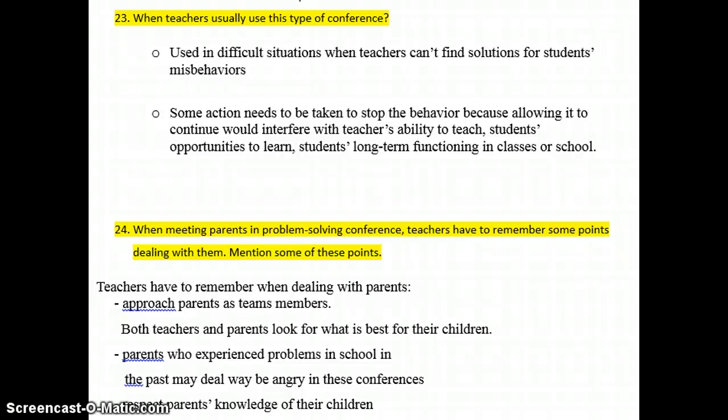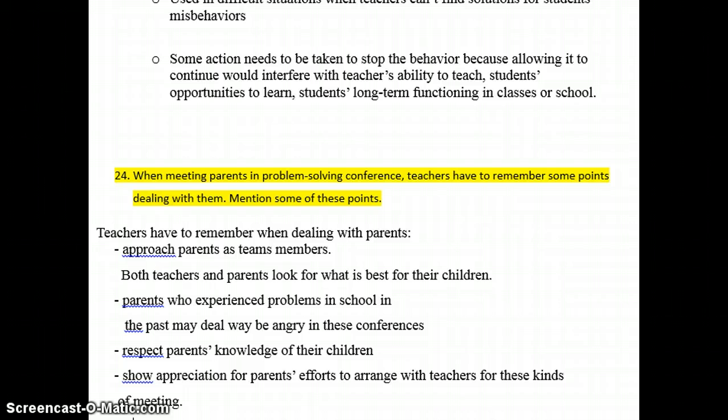Used in difficult situations when teachers can't find solutions for students' misbehaviors. Some actions need to be taken to stop behavior because allowing it to continue would interfere with teachers' ability to teach, student opportunities to learn, long-term functioning in class or school.